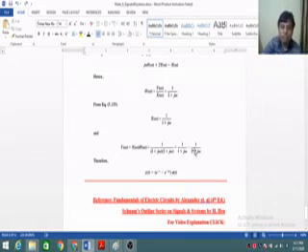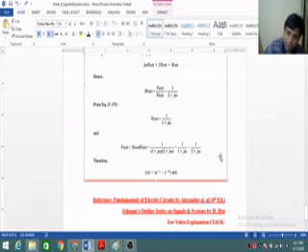Because of the convolution theorem, we will get this, and taking the partial fraction, we will get this expression, and therefore the output will be obtained by taking the inverse transform of this expression.